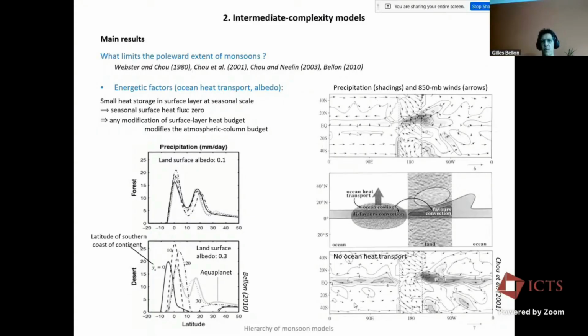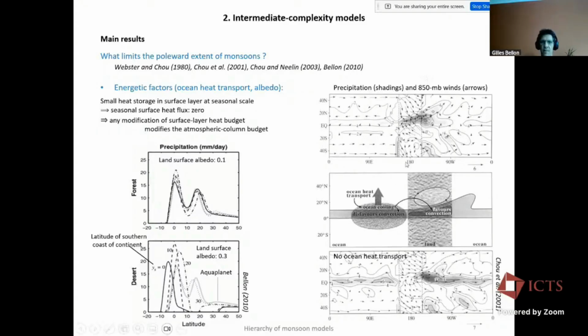So what they used was the QTCM1 over a simplified continent that was essentially covering a band of longitude from all the way north to all the way south. So if you look at this map, you've got the ocean on both sides and then a continent in the middle. And they were looking at the factors that would essentially control the poleward extent of the monsoon.